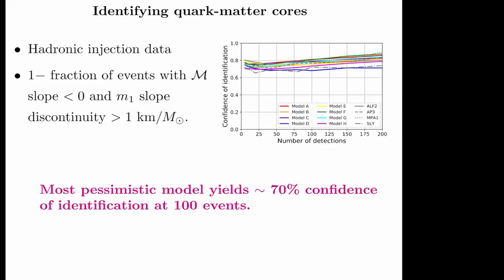And so that's telling you the fidelity at which you can at least say that there is quark matter or some exotic matter present in neutron star mergers. You just have to observe some handful of events, on the order of 50 or maybe 100 events, to be able to say anything with any degree of certainty here. That's nice.